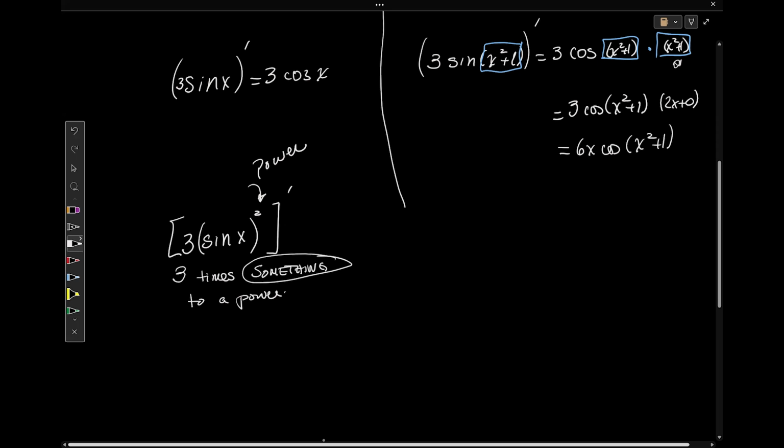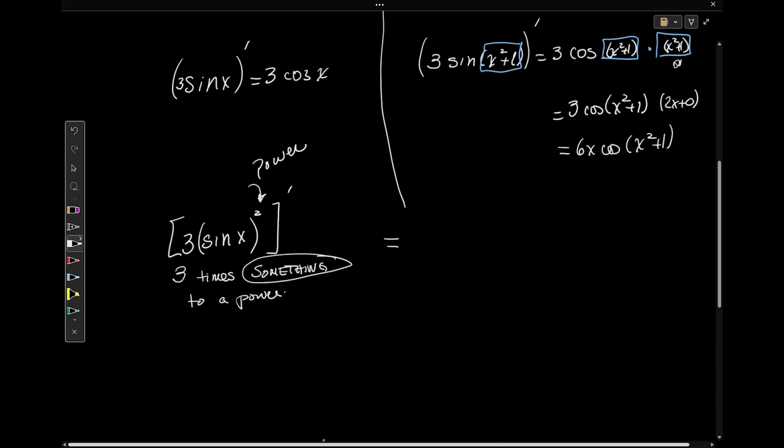That's the main thing that I know. It's something else to a power. Okay. At this point, my mind should switch and say, power rule. Apply the power rule, irrespective of what is being raised to that power. So that's what my mind tells me. I'm going to do it.